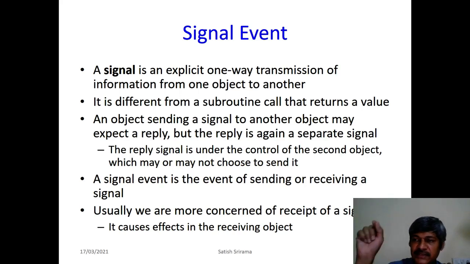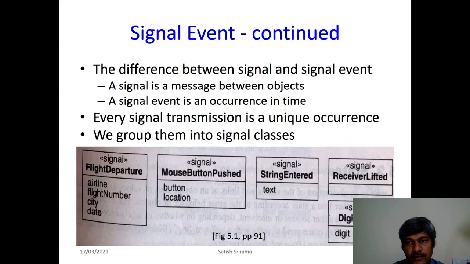If you send a signal, whatever happens to the sending object belongs to a different class, in a different class diagram, and could be in a different state diagram. But we are always concerned about the receipt of signals, because the receipt of a particular signal will cause some effects in the receiving object.